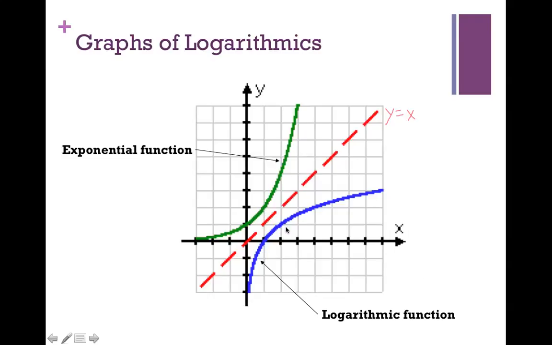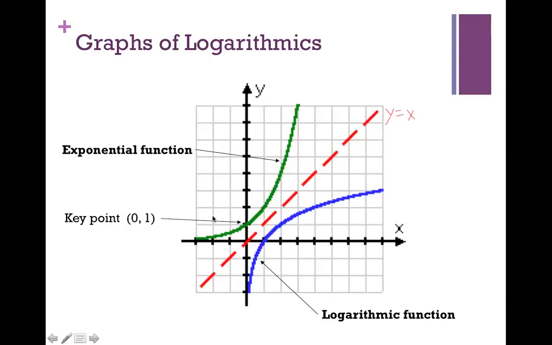Now notice how they compare here. First of all, in the exponential function, without any a, h, or k values, we always had a key point of 0, 1. Because if I had a function like 2 to the x power or 5 to the x power, when I put 0 in for x, I would always get 1.